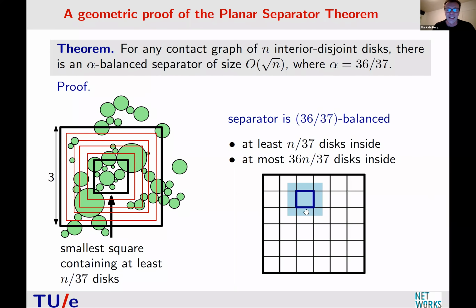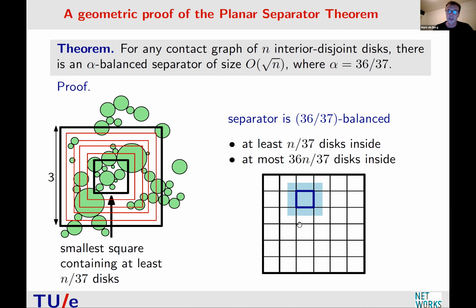Okay, and well, remember that I already put all the large disks, well, larger than 1/4, into my separator, so I don't have to worry about them. But the small ones, if a small disk intersects this dark blue cell here, then it must lie completely inside this slightly inflated light blue cell.